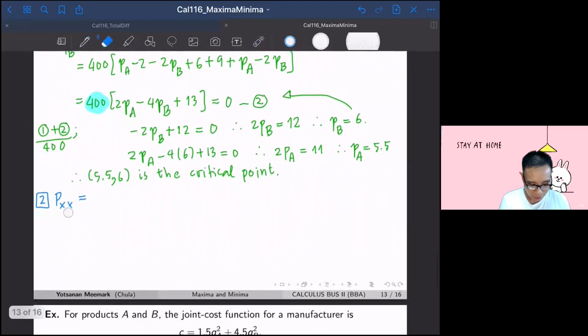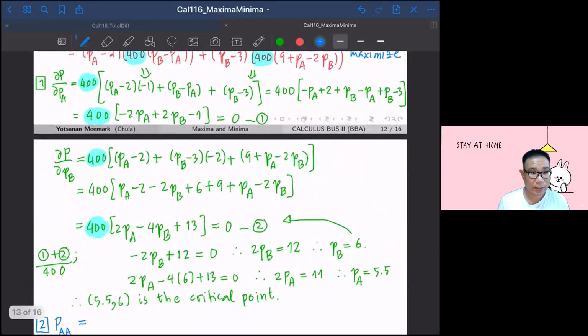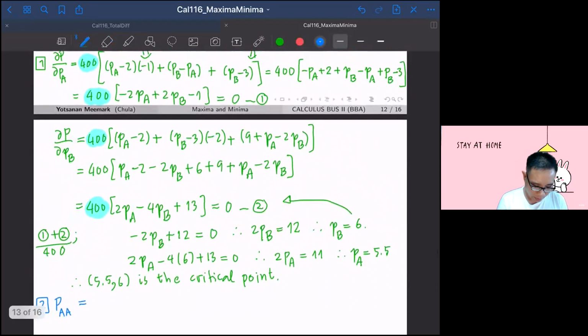Let's say PAA. PAA in this case is going to be negative 800, PBB is going to be negative 1600, and PAB is going to be 800.